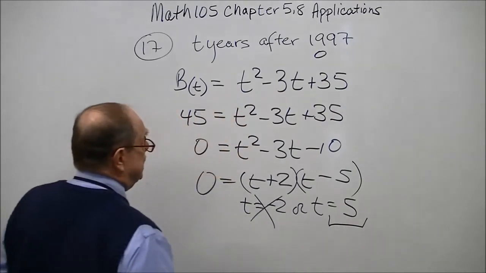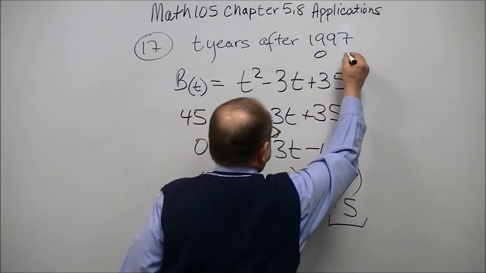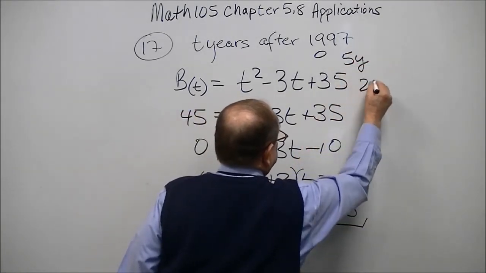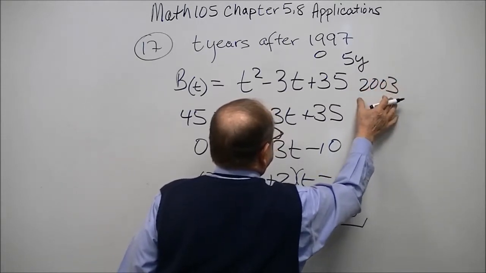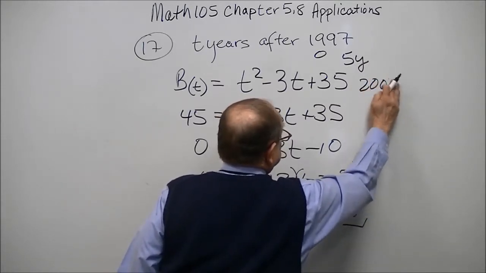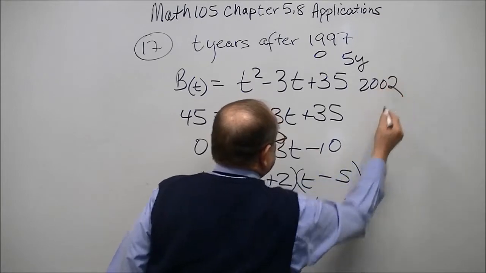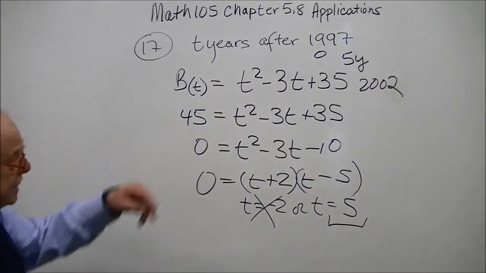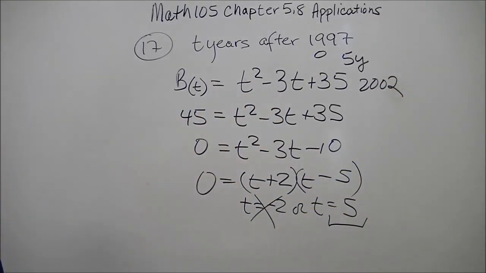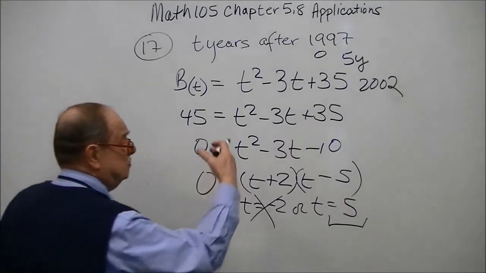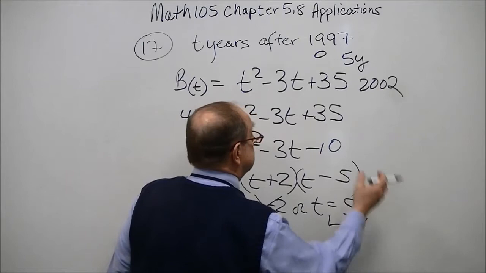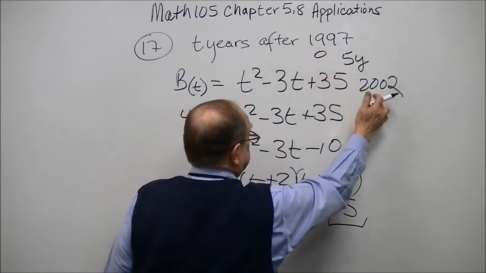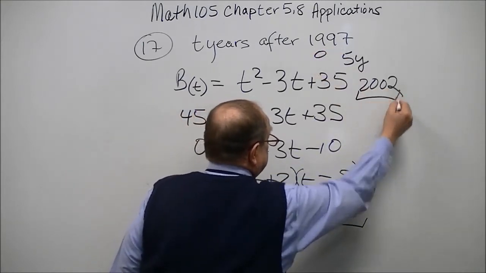They didn't ask you for the year, which would be 2002. If they asked you for that, but they didn't. They only asked how many years after. But if you wonder what year it was, 5 years after 1997 was 2002.